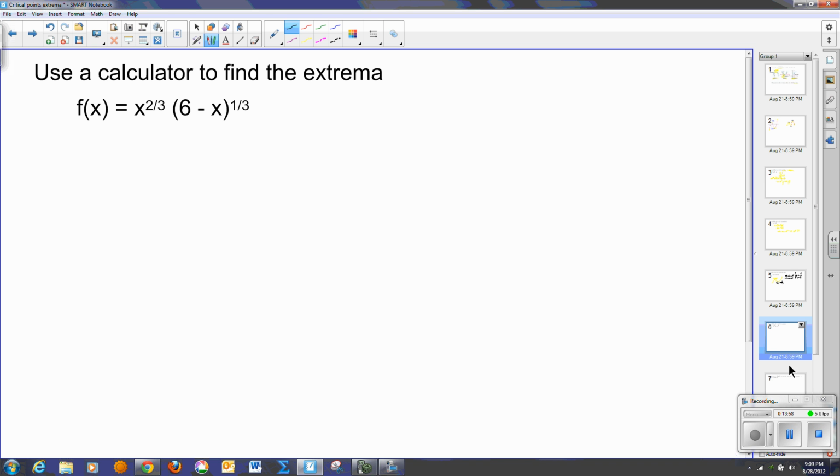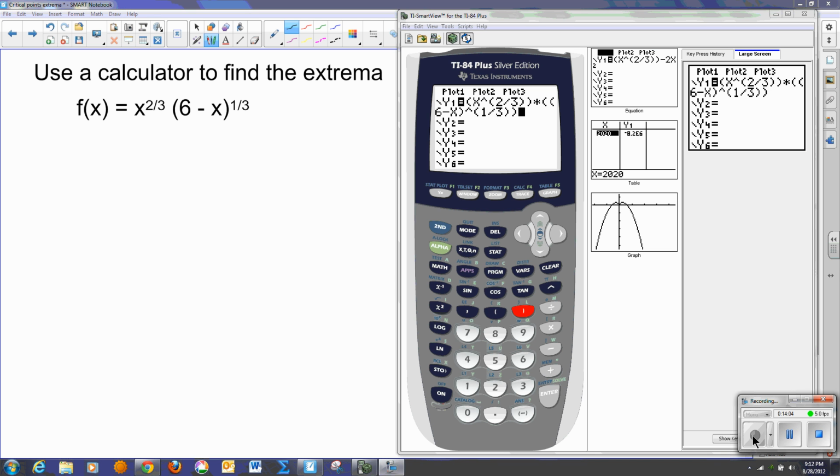This one's a little uglier, so let's go ahead and plug that into the calculator. All right, so here's how I chose to plug this into the calculator. I put the first term, x to the 2/3, in a parentheses by itself. Notice the 2/3 exponent is in a parentheses. Then I multiplied by, and I put the entire next term, 6 minus x to the 1/3, in parentheses.